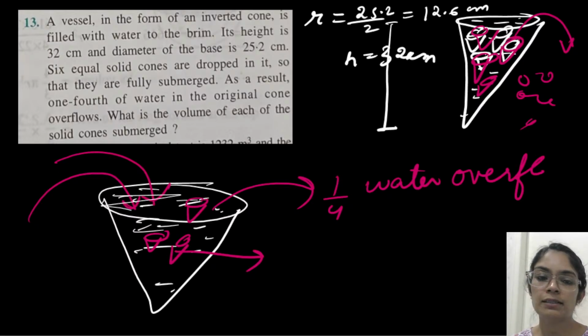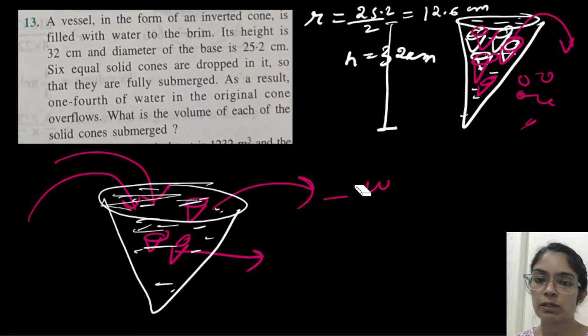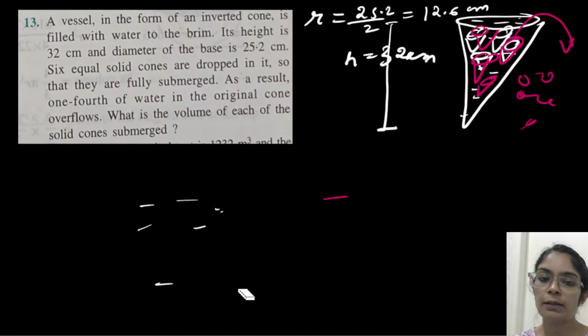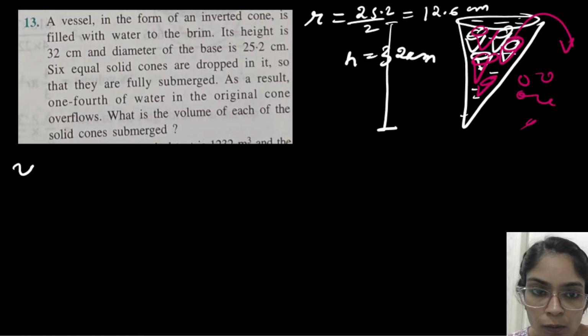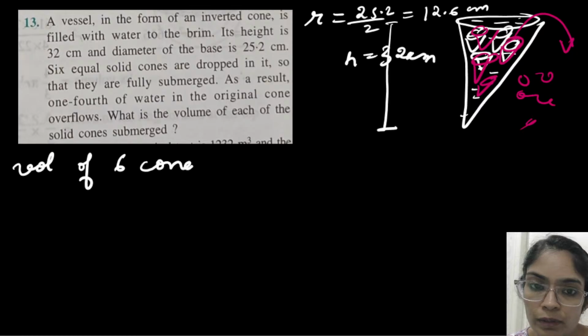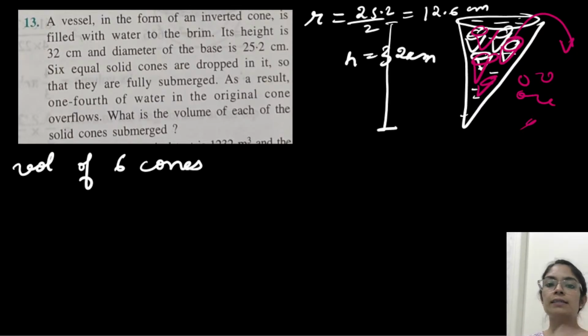So one basic thing which we have done in each and every question also. See, volume of 6 cones, because after dropping 6 cones, 1/4 of the water overflowed.